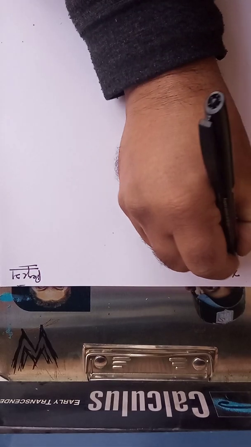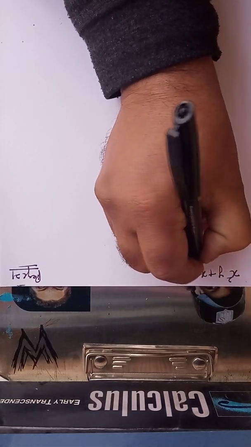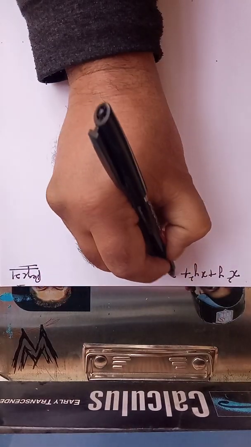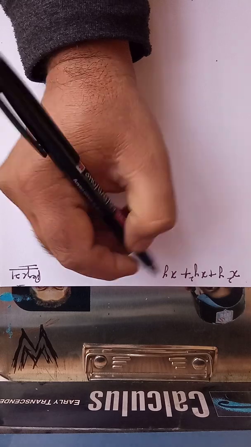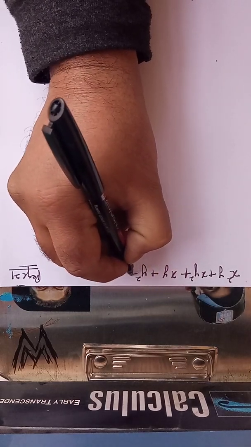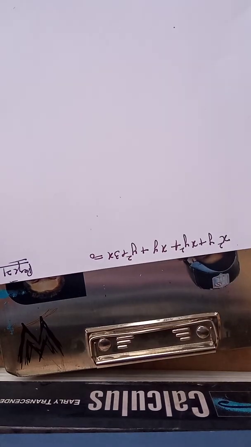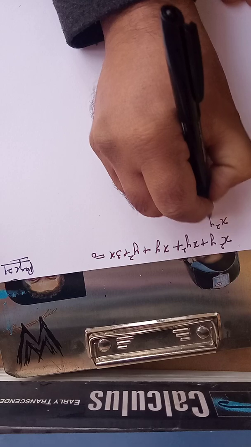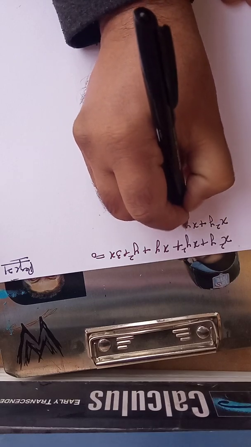Now the question is x square y plus xy square plus xy plus y square plus 3x equals 0. Okay. See, this is x square y, xy square.